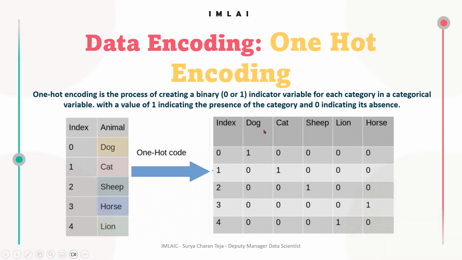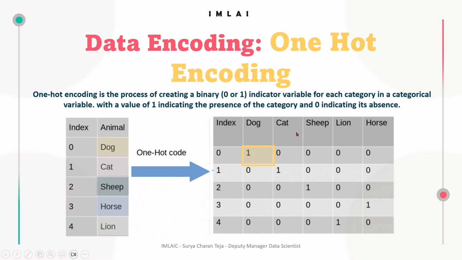Each dummy variable takes the name of its category. Dog is one category of the animal variable that has taken one column, and cat another column, sheep another column, lion another column, and horse another column.